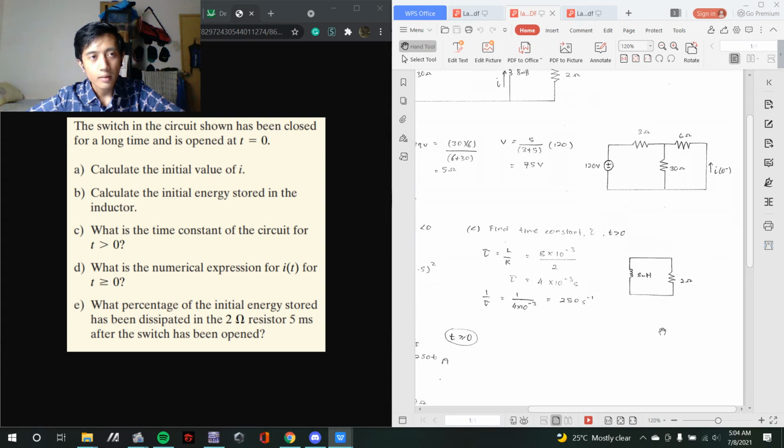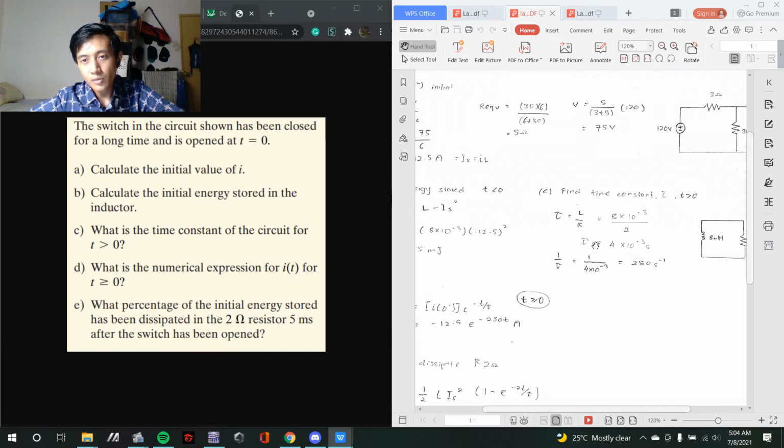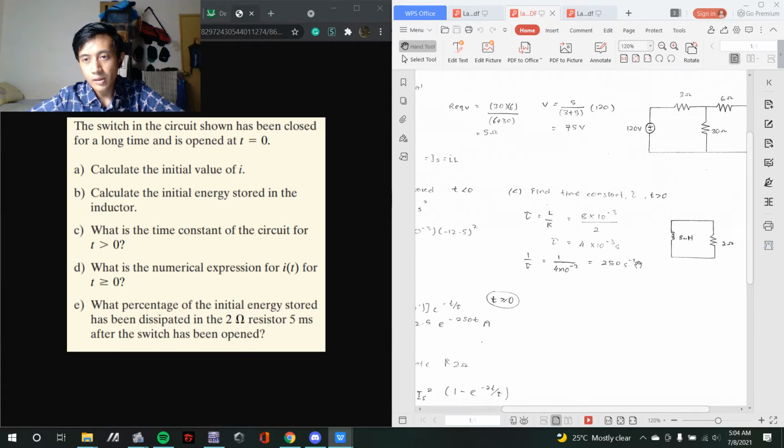Thus, we get the circuit as this one. In this circuit, the inductor will dissipate the energy stored during the steady state to this resistor of 2 ohms. So to find the time constant using this circuit, we use the inductance and the resistance here and get the time constant of 4 milliseconds.